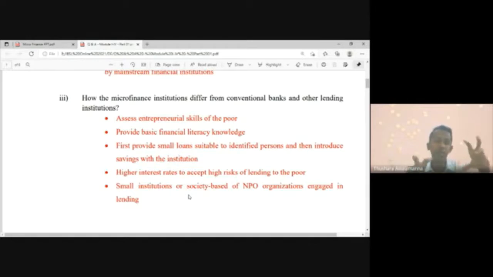That is something about the structure or model, the institutional level structure they are mentioning. But it is not exactly relevant how other lending to micro organizations differs. You can mention it as an introductory comment, because small institutions, cooperative societies, society-based NGOs and NPOs are engaged in microfinancing proposition and delivery.